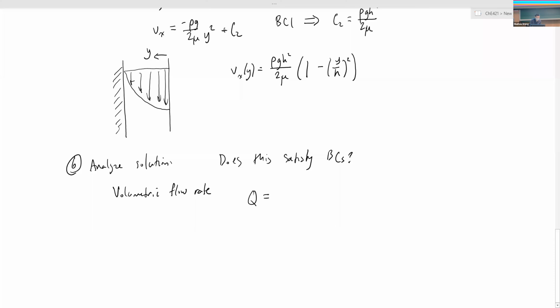The volumetric flow rate is just the surface integral. Sorry, that's supposed to be 0. The surface integral of the velocity in whichever direction it happens to be going, right? And so remember, x is going in that direction, and z is going in and out of the screen. I was assuming that there's some sort of width of this wall that shouldn't really matter because everything's invariant in z anyway.